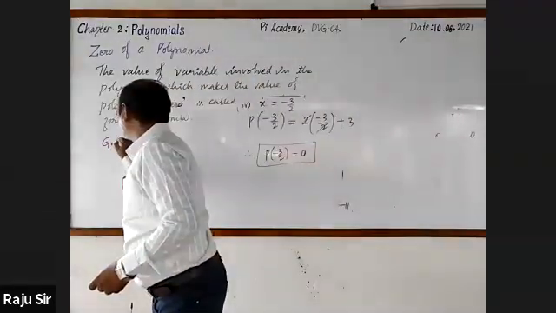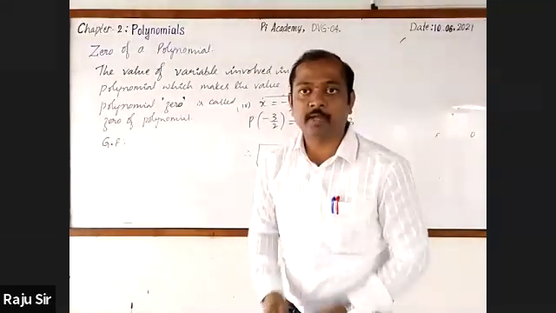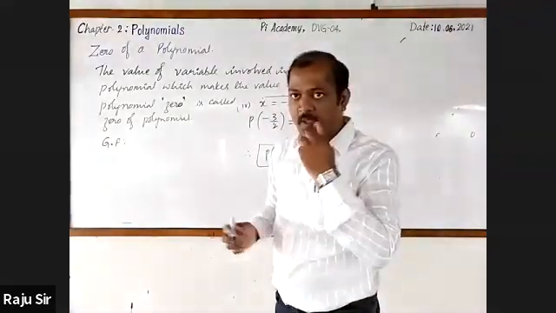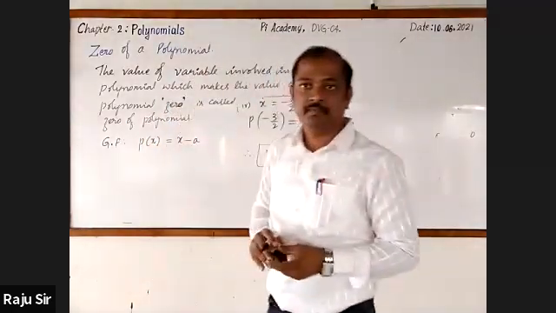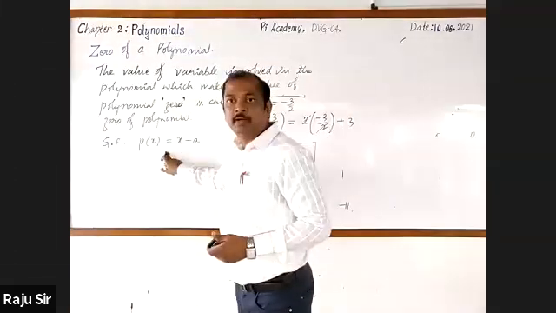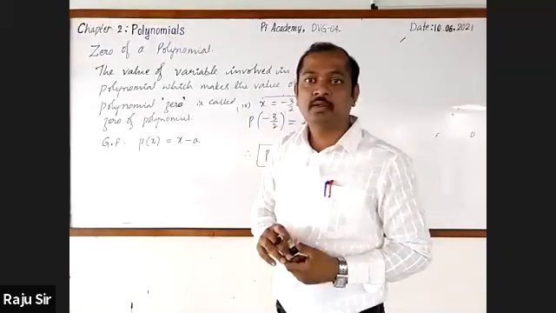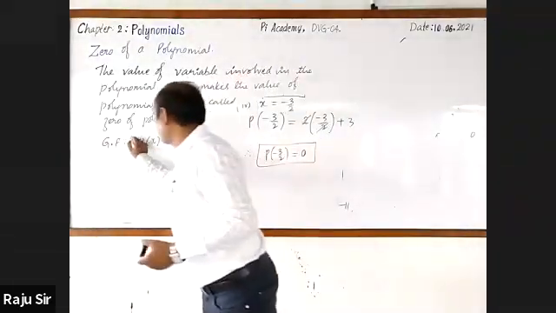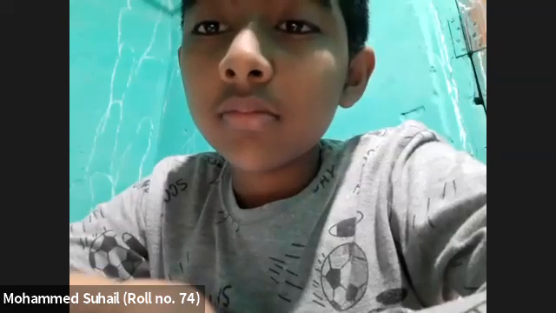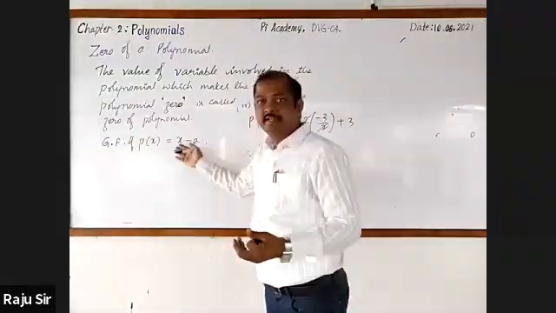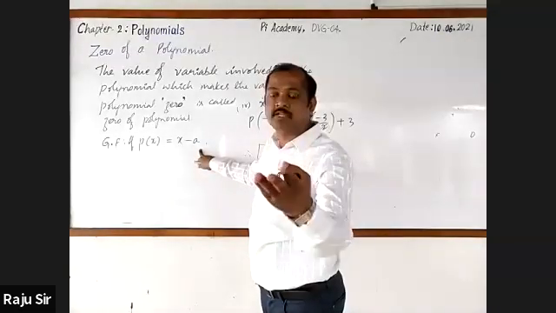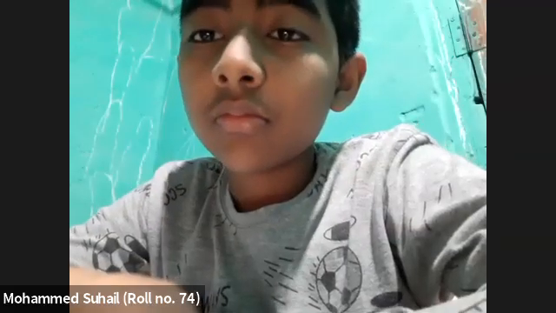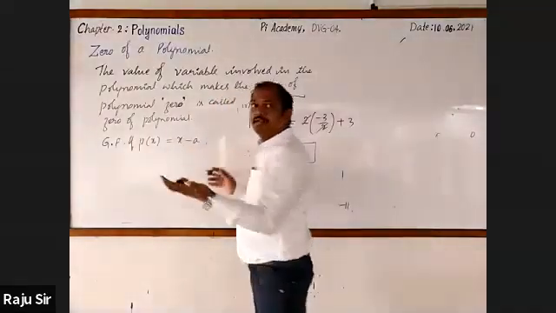You all know the general form of zero of a polynomial. Look here. If I take the polynomial as p of x is equal to x minus a, this is a polynomial, then what will be its zero? It is a. The zero of a polynomial is nothing but the value of the variable which makes the value of the polynomial as 0.